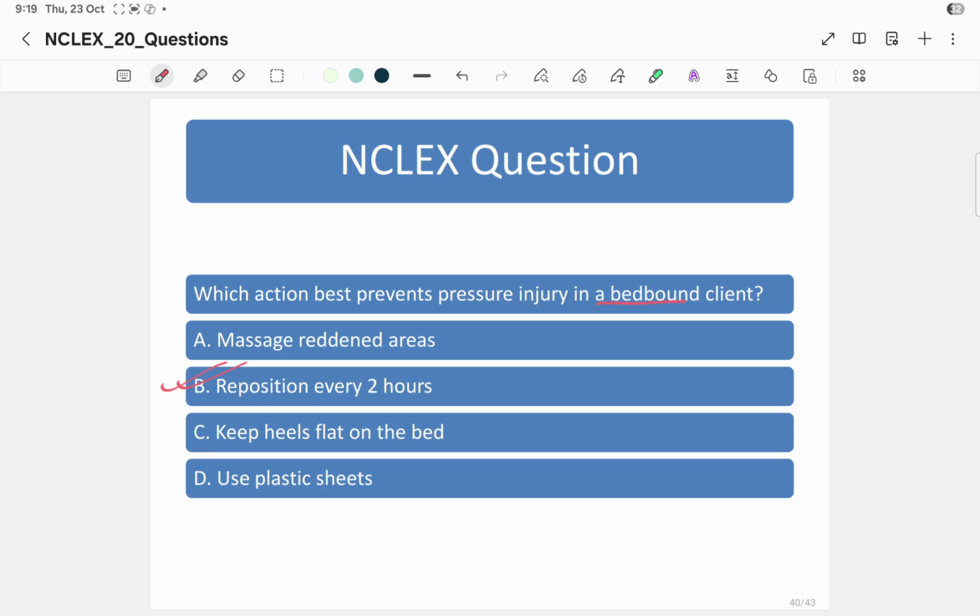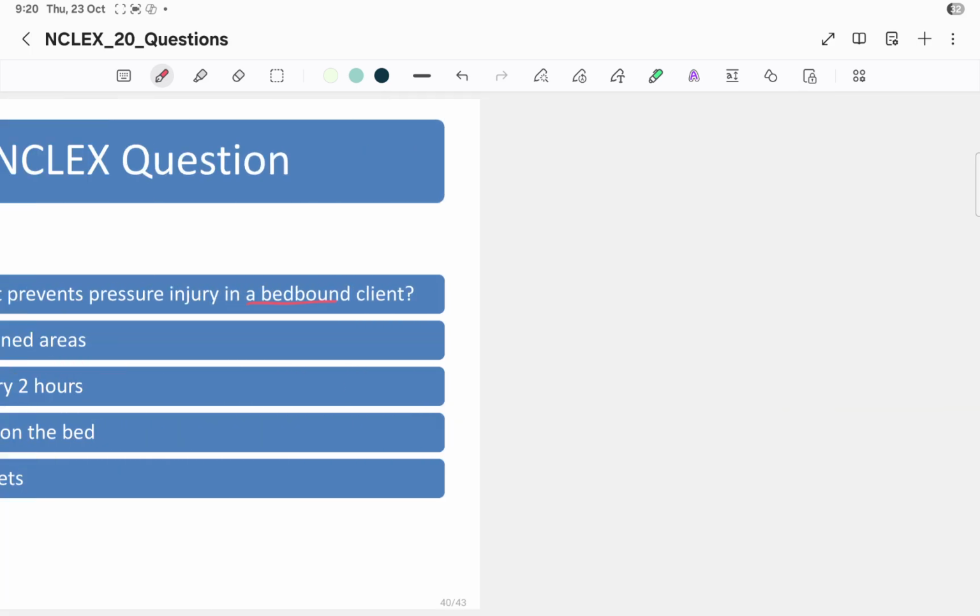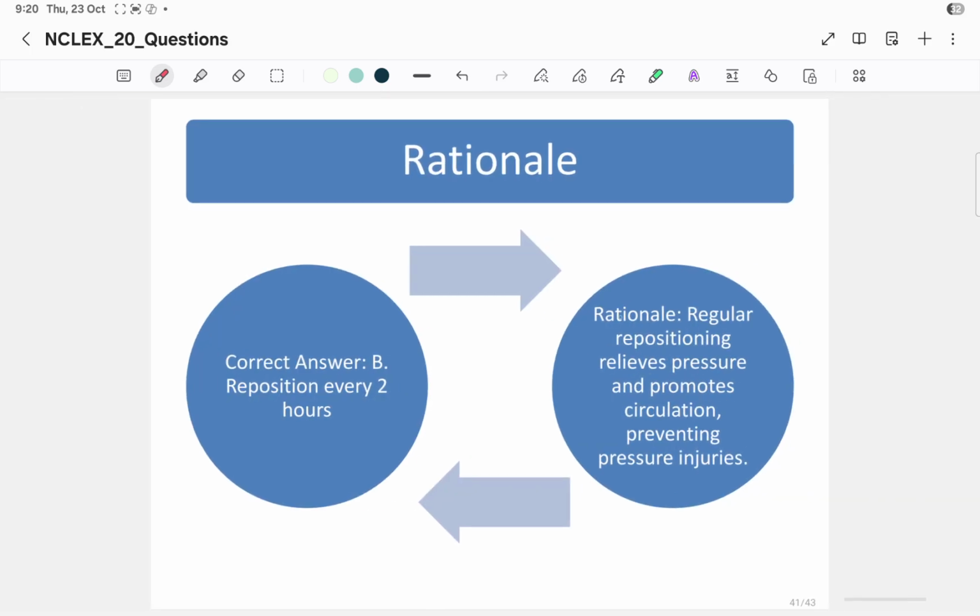Tissue damage, right? So to prevent that, we have to reposition the client every 2 hours. Repositioning improves blood circulation, prevents pressure injury and keeps the skin healthy. Rationale: regular repositioning relieves pressure and promotes circulation, preventing pressure injuries.